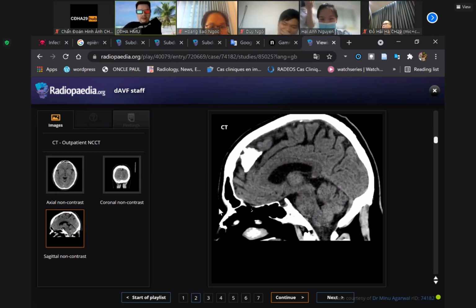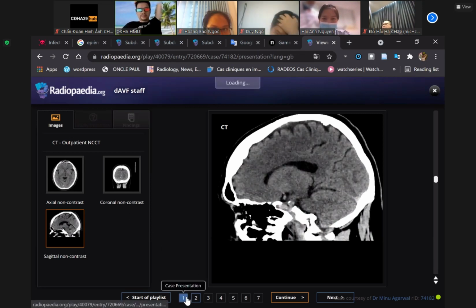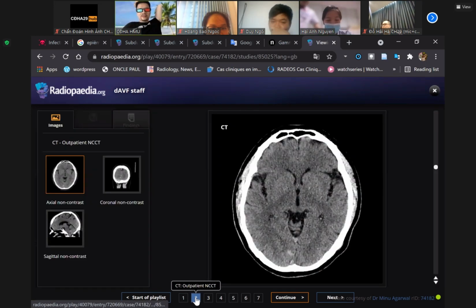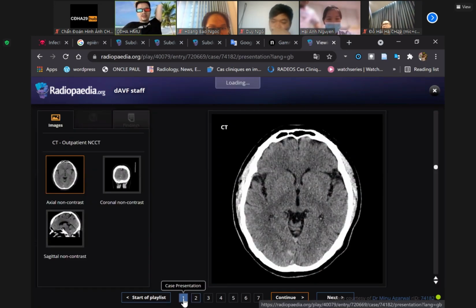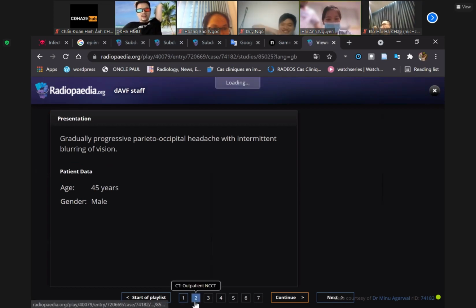Can you come back to the clinical presentation? Headache and loss of vision. The location of the headache gives you a clue of the location: parietal occipital. Okay.